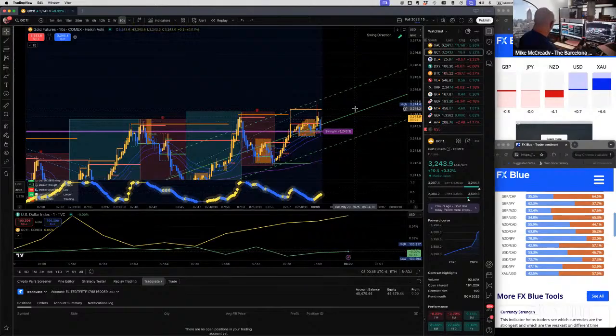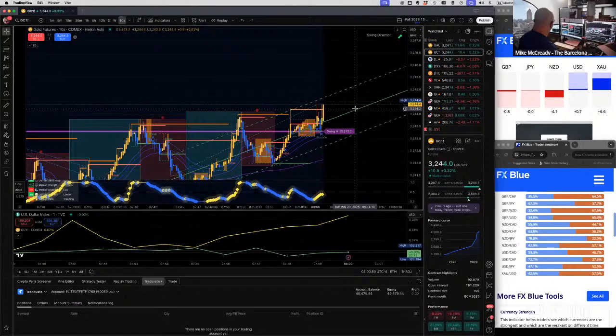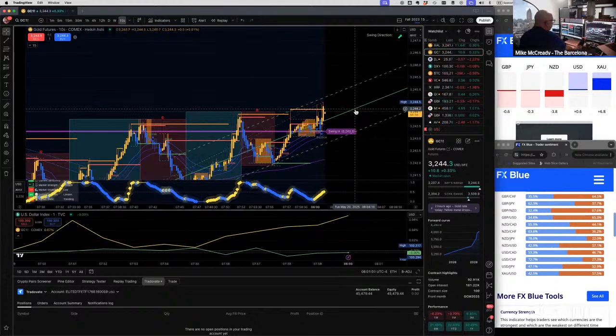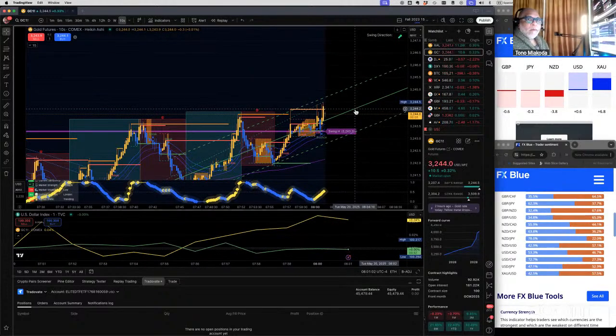But if we look at the currency chart, the yen and the dollar are converged below the line. We're going to be waiting on something from Trump's mouth to move this market today.